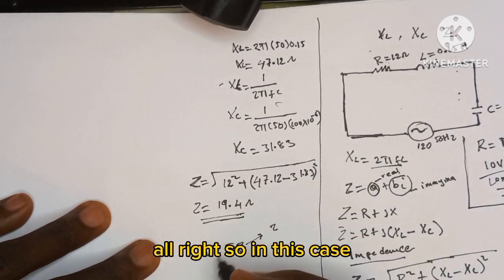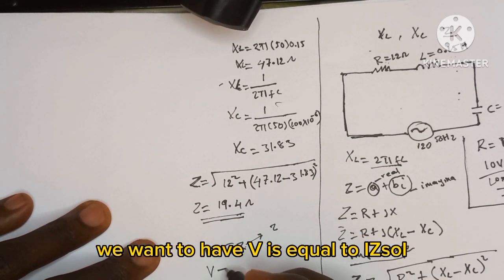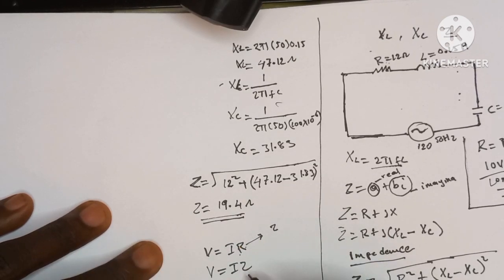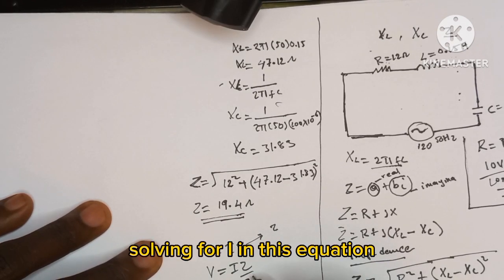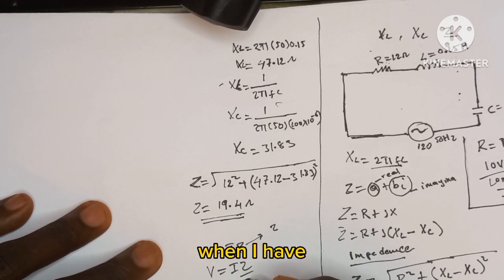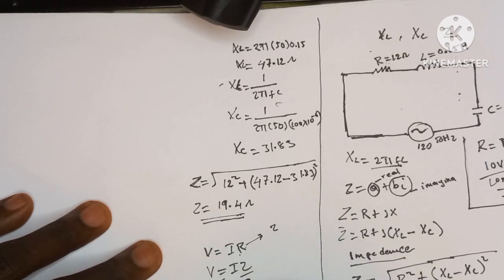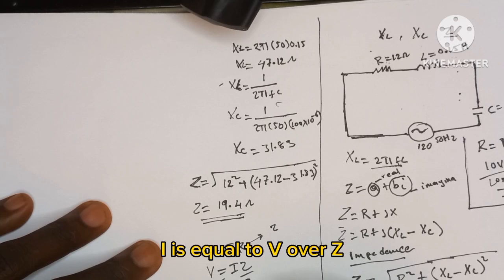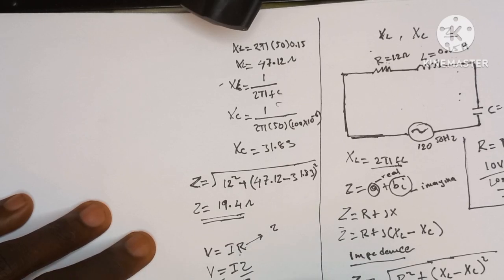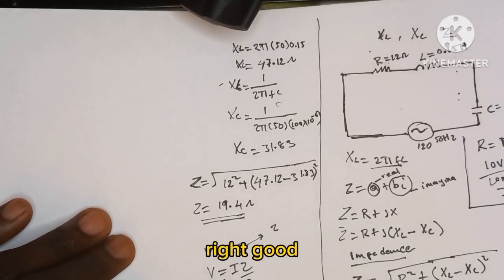So in this case we're going to have V is equal to IZ. Solving for I in this equation, we're going to have I is equal to V over Z.